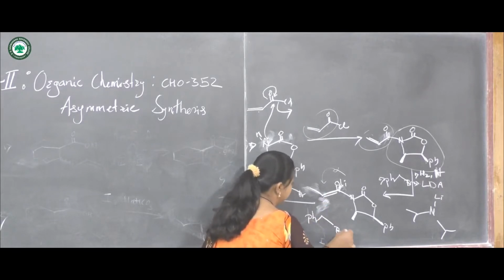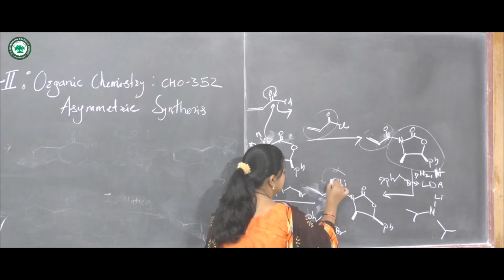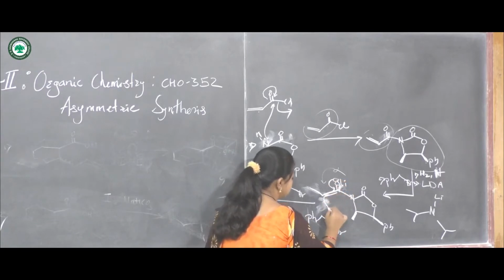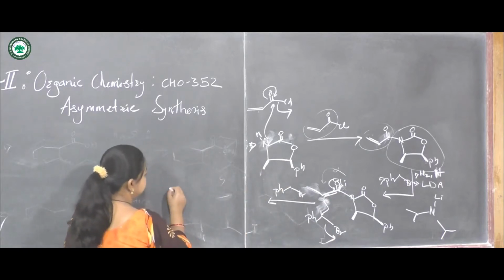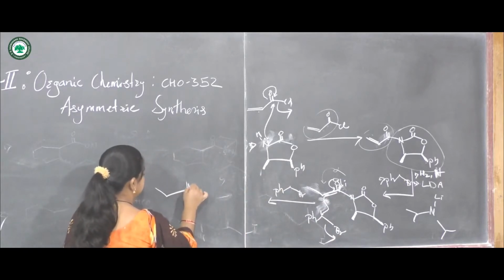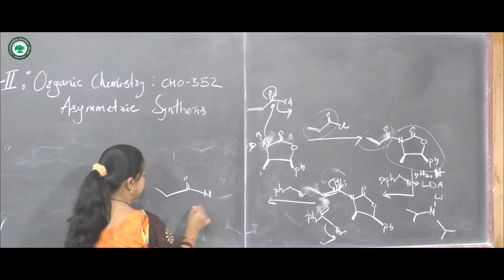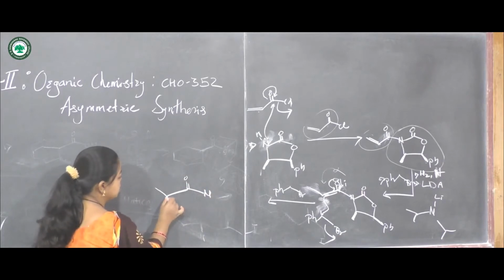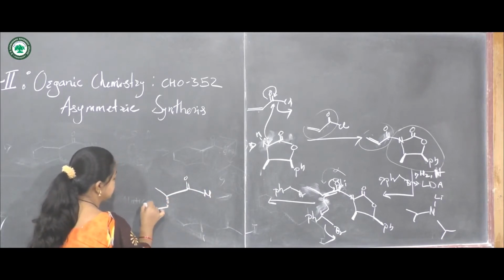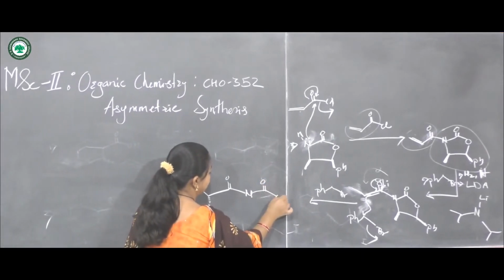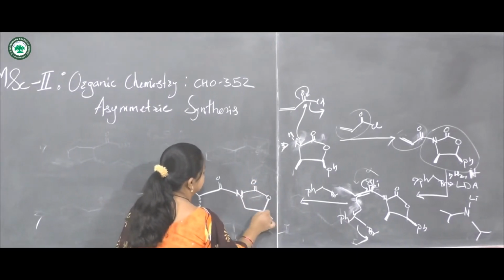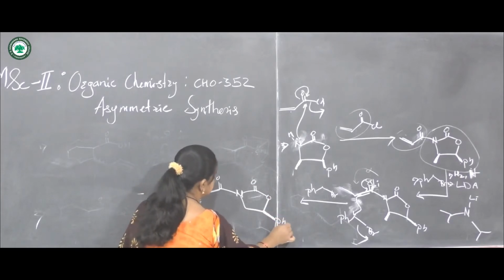So we are getting the corresponding product. This is a negative charge. This carbon is nucleophilic. An SN2 type of reaction occurs. So this benzyl group is oriented downward, so an alpha oriented benzyl group is present.